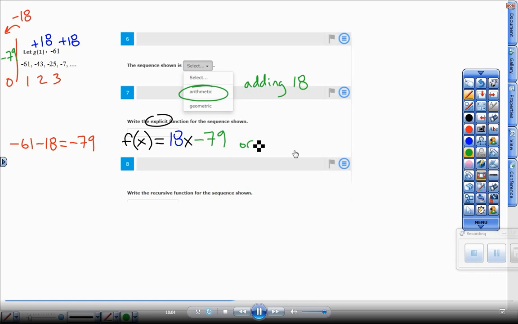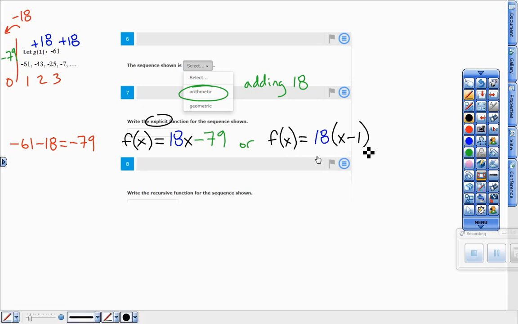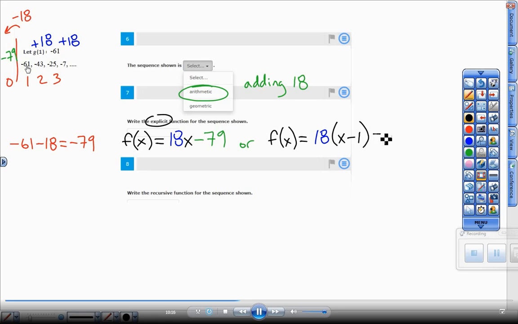Or f of x equals, and again, since this is linear, that same 18, but in parentheses x minus 1, plus or minus the first term, minus 61. I would focus on the zero term one. That's the one we're going to use the most.